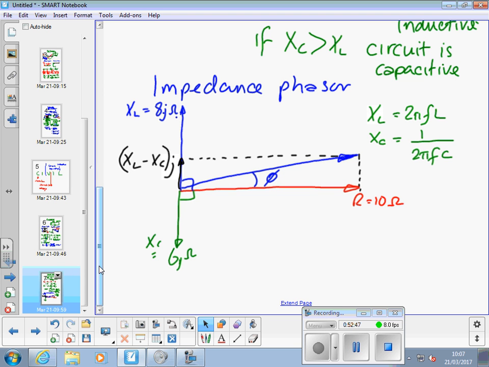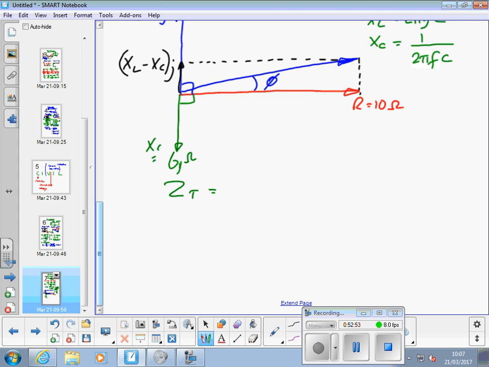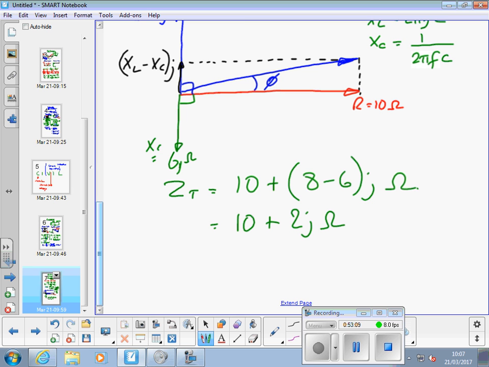So if we do that maths now, ZT is equal to R, 10 plus (8 minus 6)J ohms. Often we're going to need it in polar form as well.